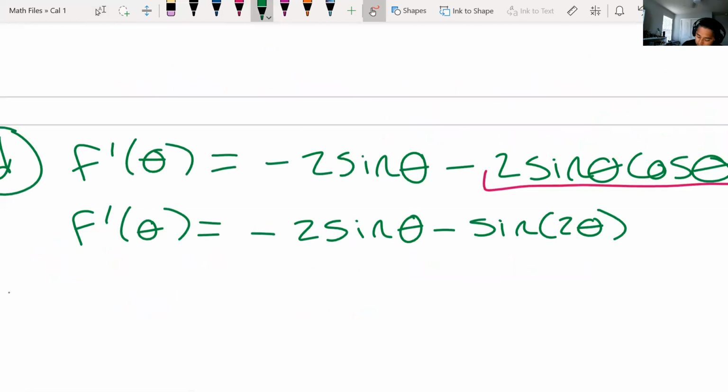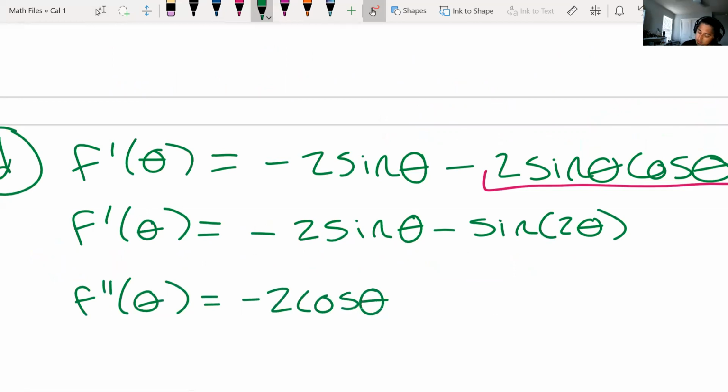Okay, second derivative time. F double prime of theta, I get -2 cosine theta minus, and what is the chain rule derivative for sine 2 theta? Two cosine 2 theta.